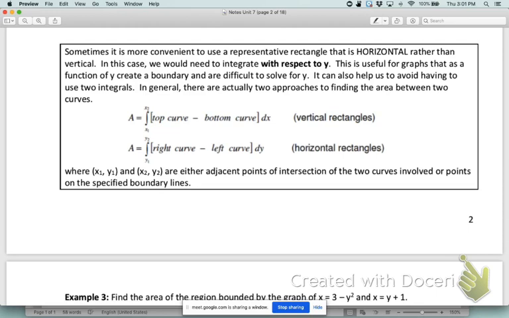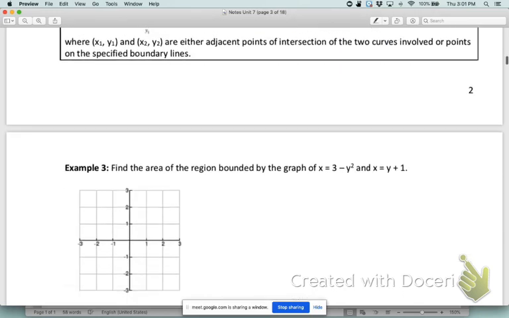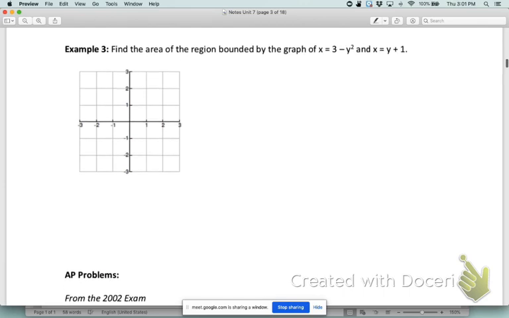We just need to make sure that we set it up so that our limits of integration need to be values on the y-axis, and you'll do the rightmost curve minus the leftmost curve. And this should be an equation that is all in terms of y if you're going to do it that way, okay? So let's look at why we might want to do that, for example.